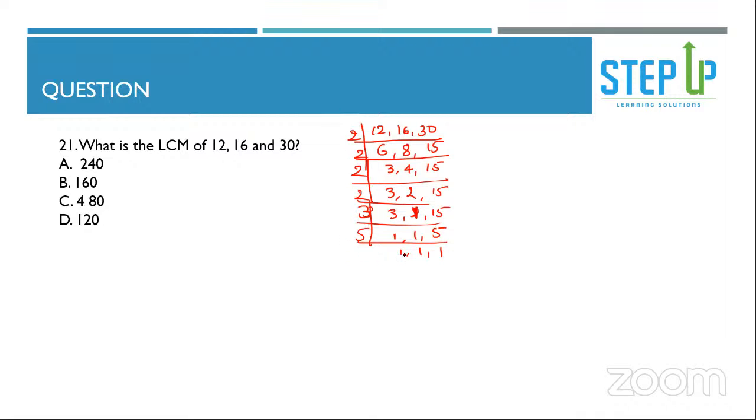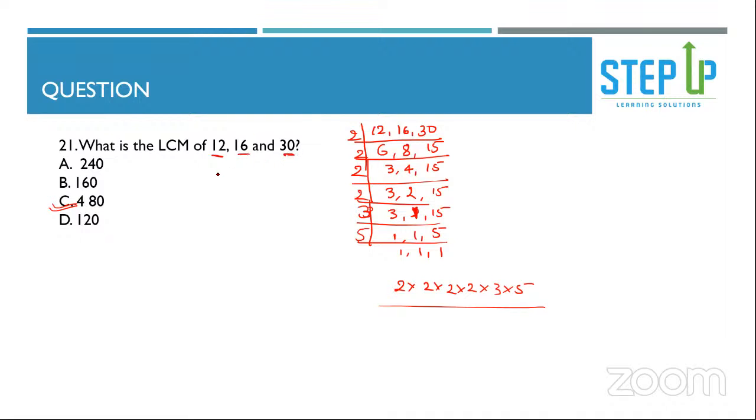Then you will multiply all this: 2 into 2 into 2 into 2 into 3 into 5, right? Now this is one way. 2 2 4 8 16, 16 into 5 is 80, into 3 is 240... 480 is the answer.